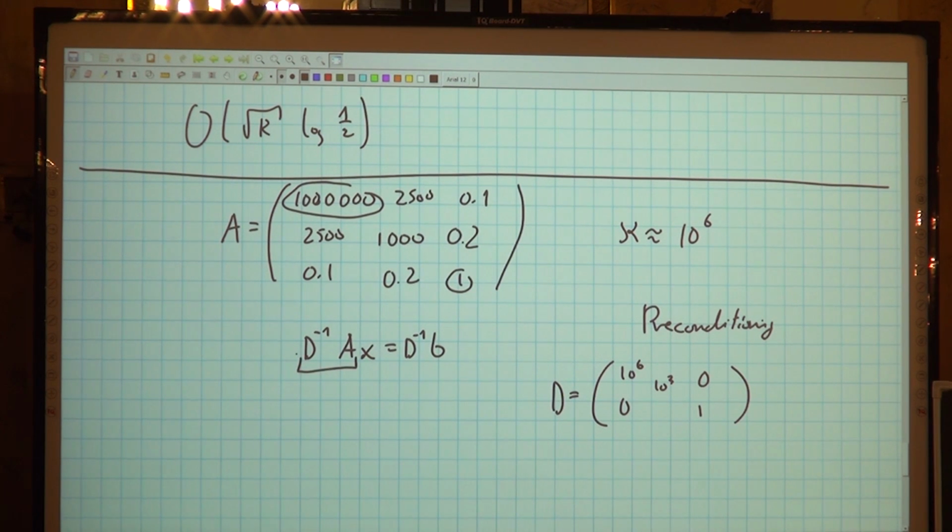But if I look at D inverse times A, this matrix has a condition number that is close to 1.